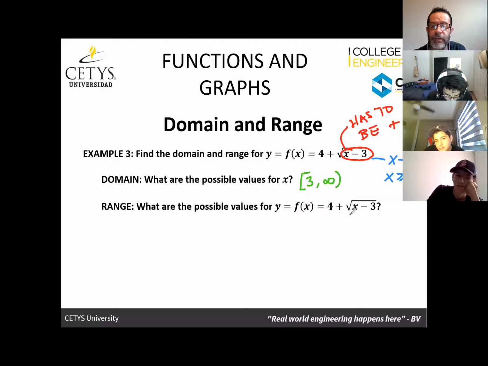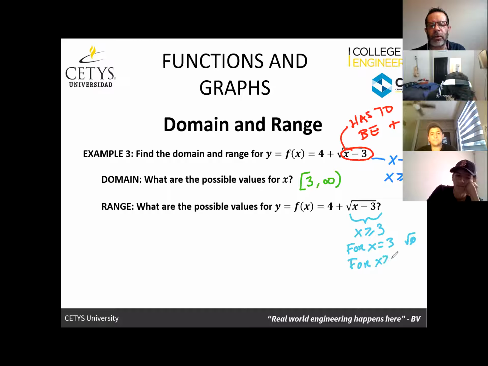That means that the values here are going to go from x larger than or equal to 3. If I substitute the 3 here, meaning for x equals 3, then the square root is going to be 0.